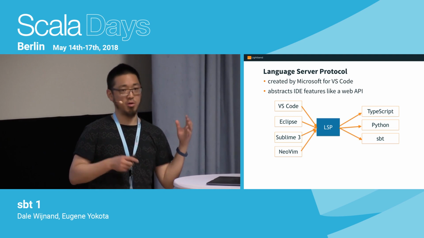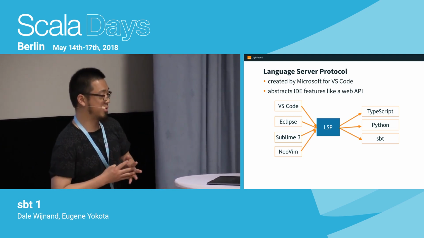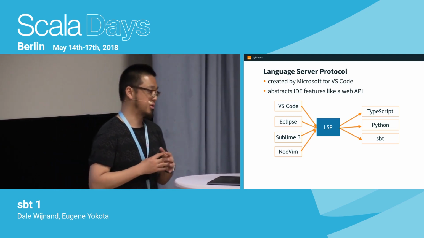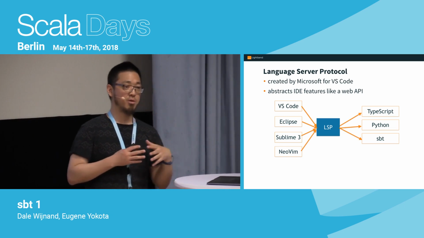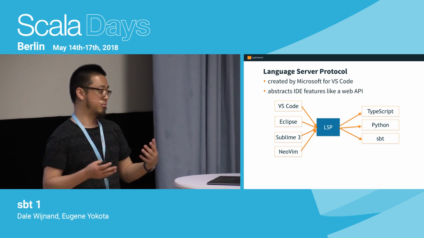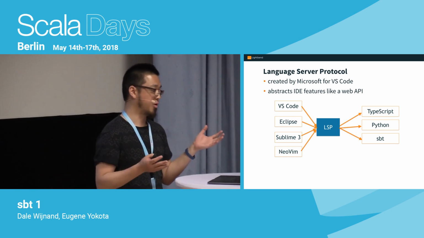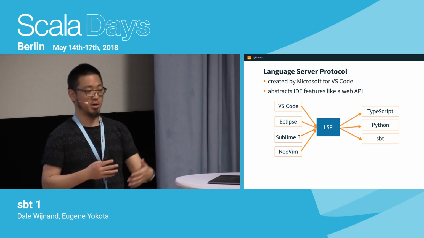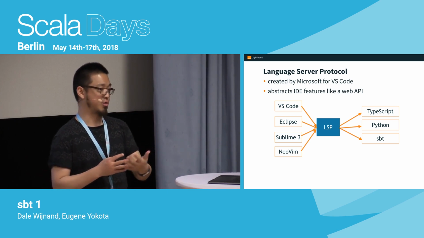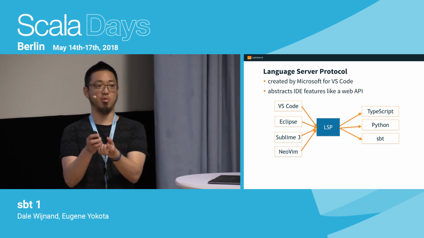So there's been some mention about LSP. I just want to quickly mention this was created by Microsoft originally for VS Code. VS Code is an editor, like Visual Studio Code. And the idea is that the traditional IDEs like Eclipse and IntelliJ and Visual Studio are kind of hard coded to one language, right?